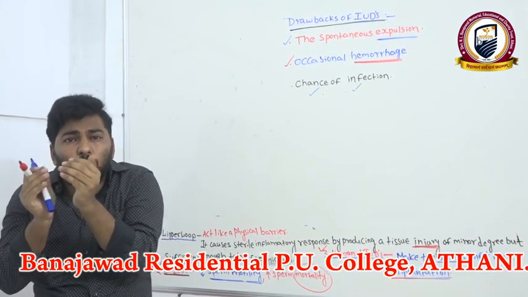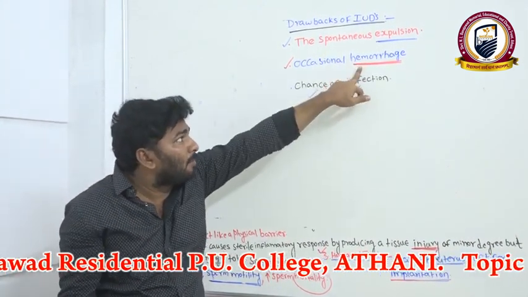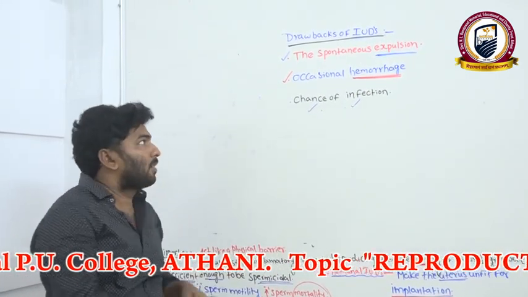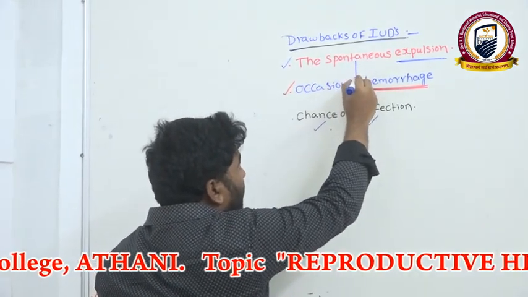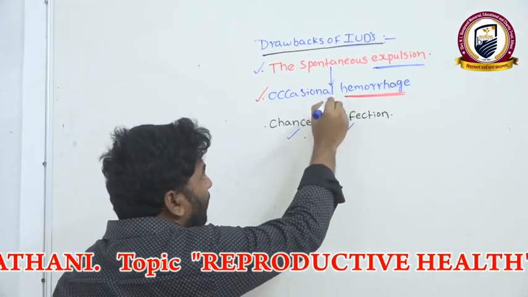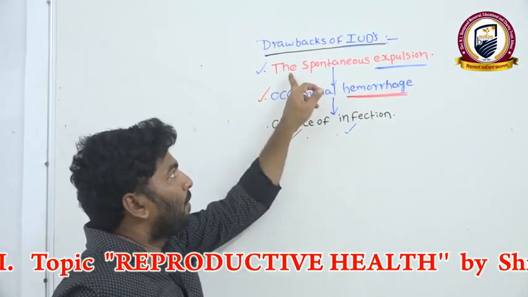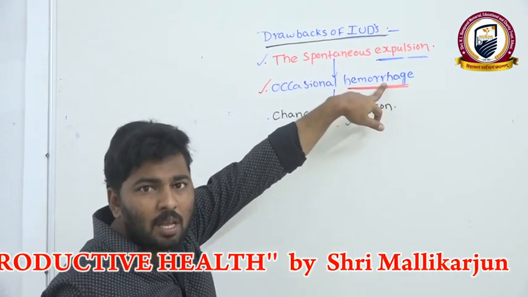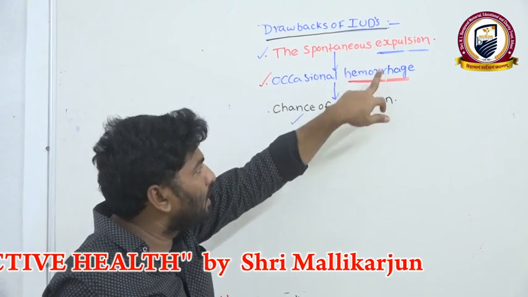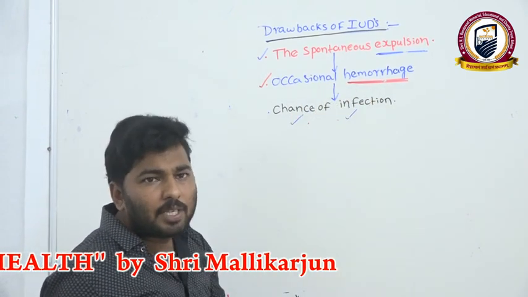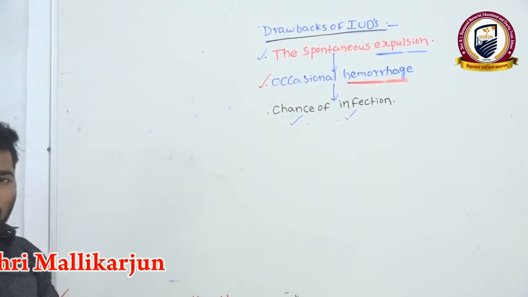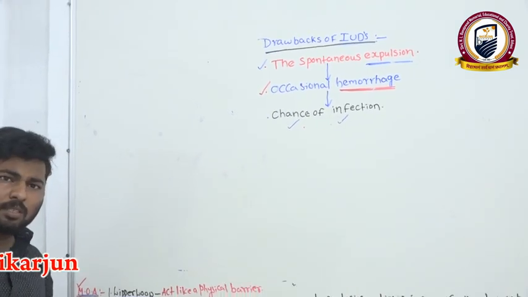Due to this rupturing, bleeding may take place. Then chances of causing infection. See that? First expulsion, after that hemorrhage, after that infection. If they cause damage to the uterus walls, obviously it leads to hemorrhage. If the hemorrhage takes place, obviously it causes infection. So these are the drawbacks of the IUDs. Are you getting a clear idea about the IUDs?